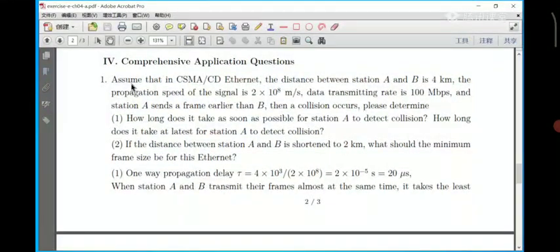Okay, comprehensive application questions. Assume that in CSMA/CD Ethernet, the distance between stations A and B is 4 kilometers. The propagation speed of the signal is 2 times 10 to the power of 8 meters per second. The data transmission rate is 100 Mbps, and station A sends a frame earlier than B, then a collision occurs.